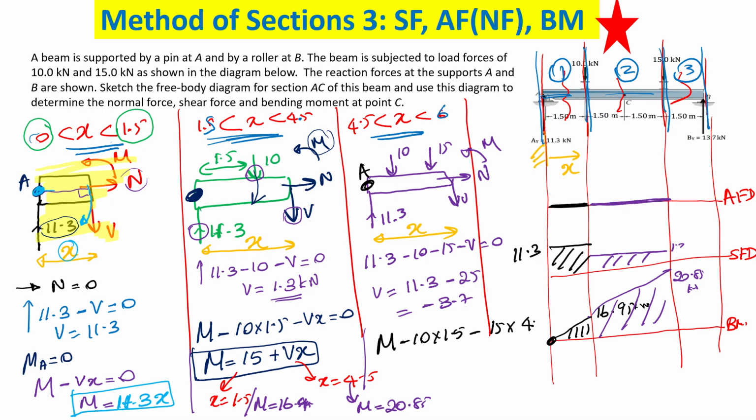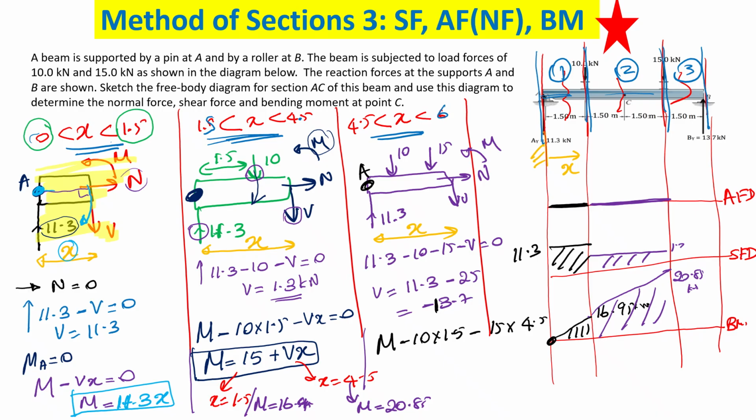V should be minus 13.7, since it is minus 25 plus 11.3. Yes, 13.7. That's right.